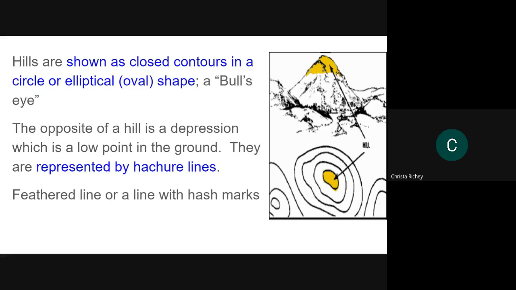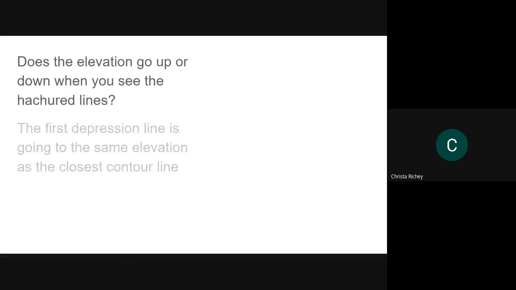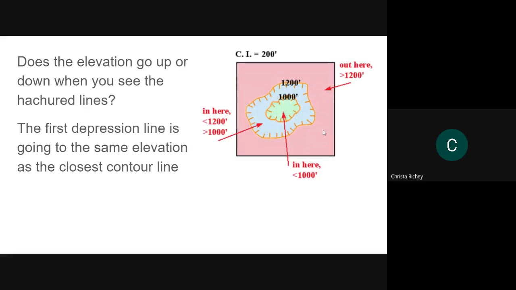Anybody still need this one? So when you see a hachured line, which are these, like I said, it looks like a railroad track that goes around it, you are going down in elevation as you're going towards the center. So between this one and this one, if I'm going out towards the pink part, I am going up 100 feet to get to this ring.